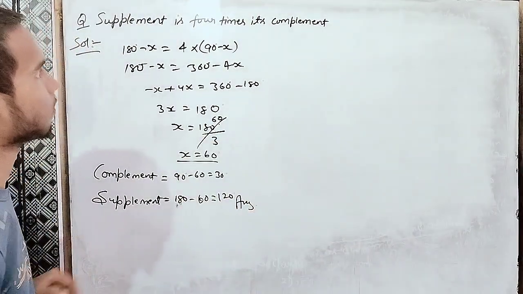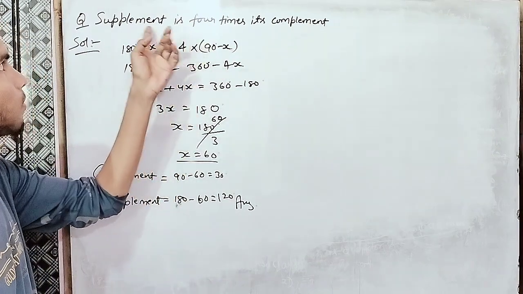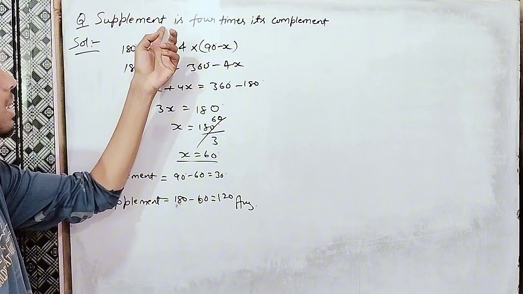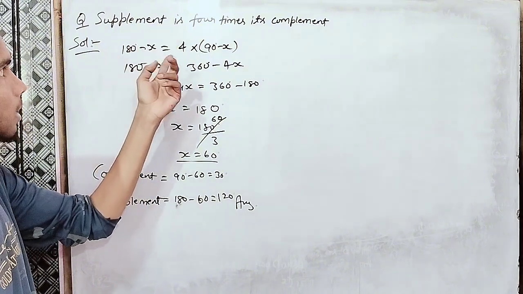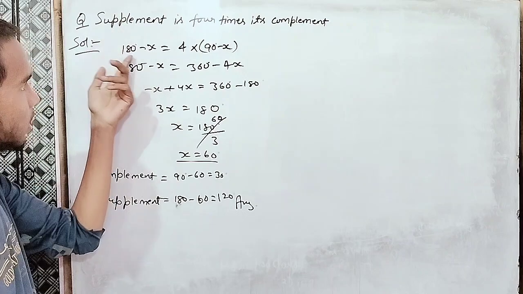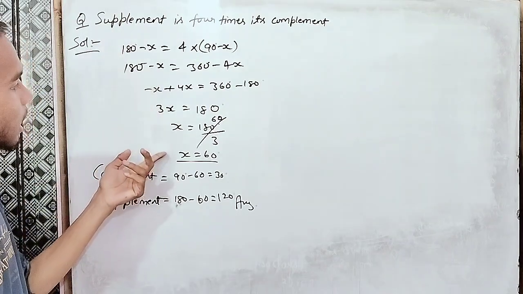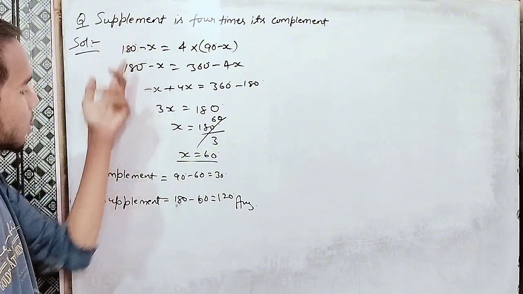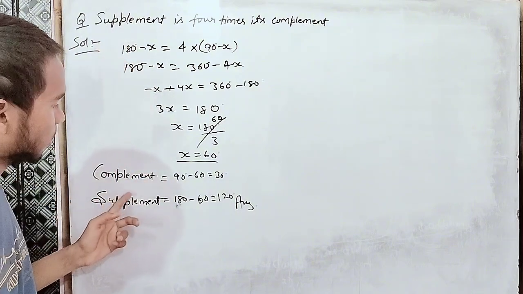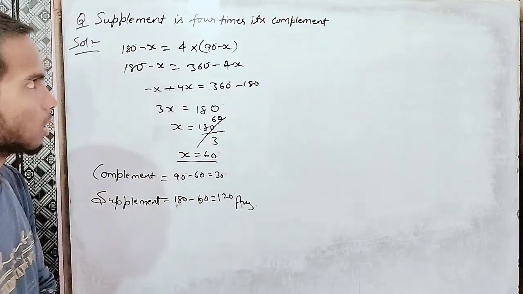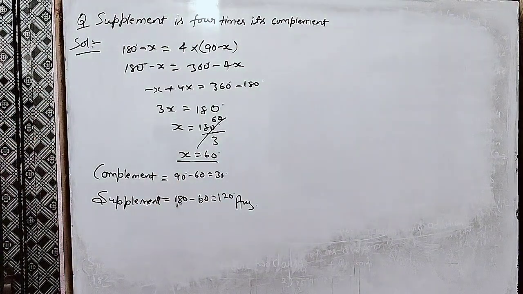This is how we simplified it: we converted the statement into a linear equation, and by knowing the linear equation we get the exact value. Then we can calculate the complement and supplement of this angle. It was very, very easy.